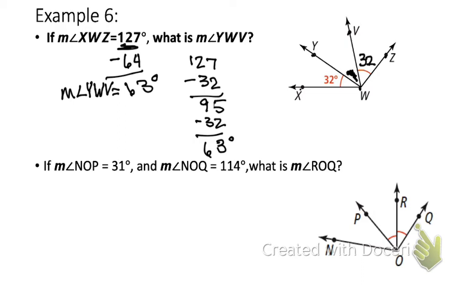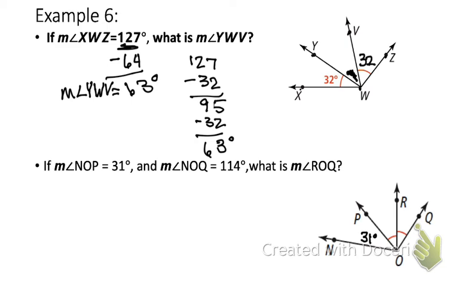Okay, so the next thing I have is the measure of NOP. Well, it's the whole thing, NOP is 31 degrees. And ROQ is what we're supposed to find.